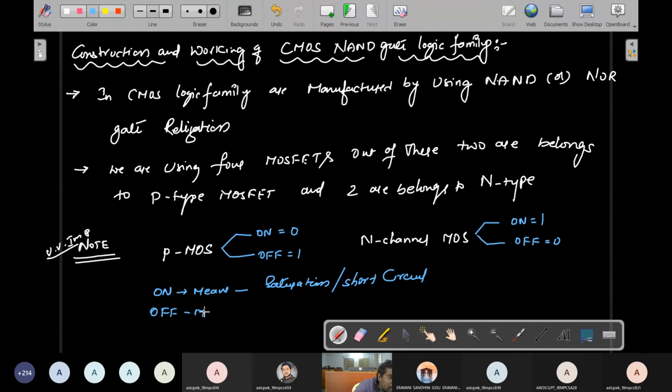Off means cutoff, means open circuit. Understand? So please remember, everyone, these are the basic points for the construction and working of CMOS NAND gate by using logic families. Okay, understand, everybody?